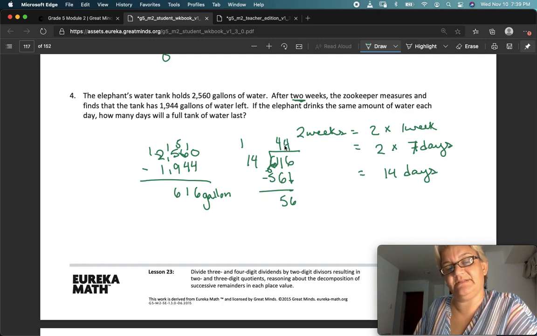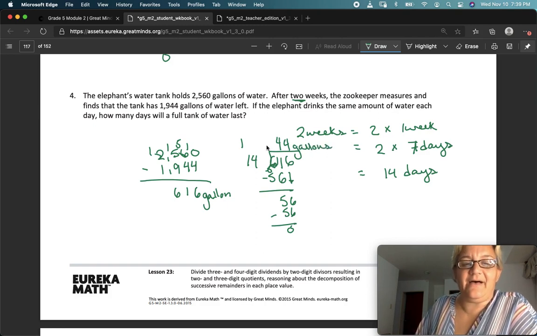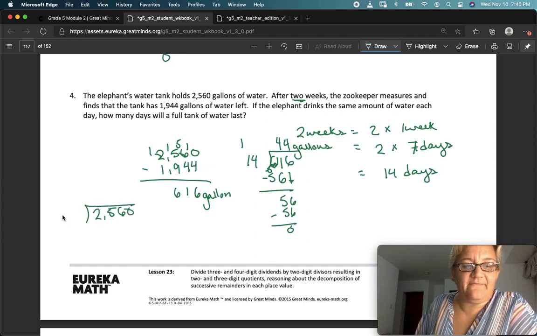Because there's 56 right there. 56 minus 56 is 0. So 44 gallons per day. Now, we know how many gallons per day, and we know what a full tank is. We can divide this number, there's a lot of steps to this problem, by 44, and that will tell us how many days a full tank will last.